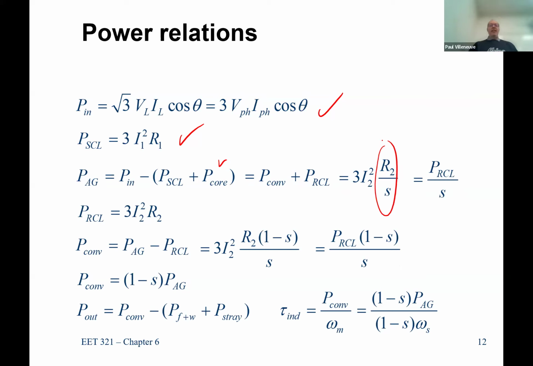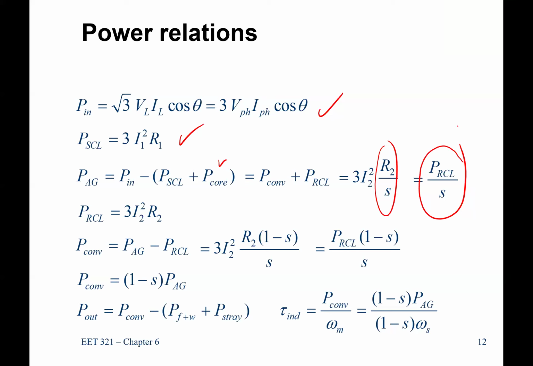The only difference is that instead of 3I2 R2, I have 3I2 R2 over S, which means if I want to calculate air gap power, I can take my rotor copper losses and divide by S. Make sense? You can just divide by the slip, and that tells you what your air gap power is going to be.